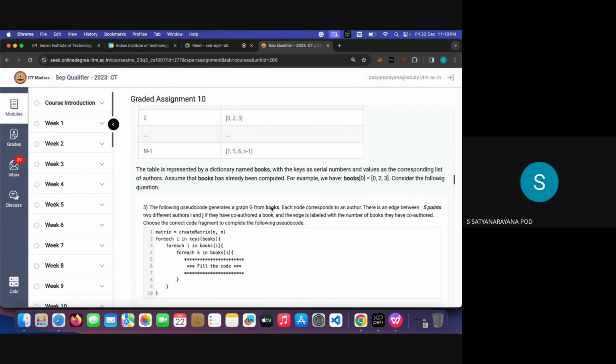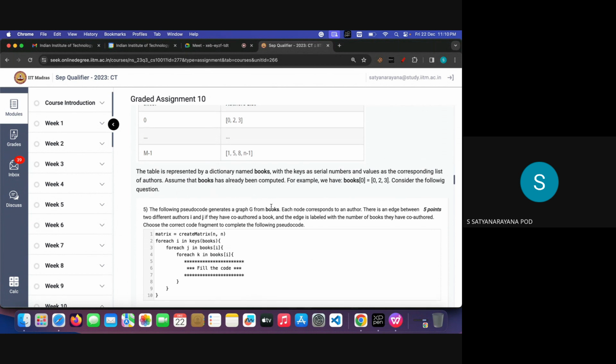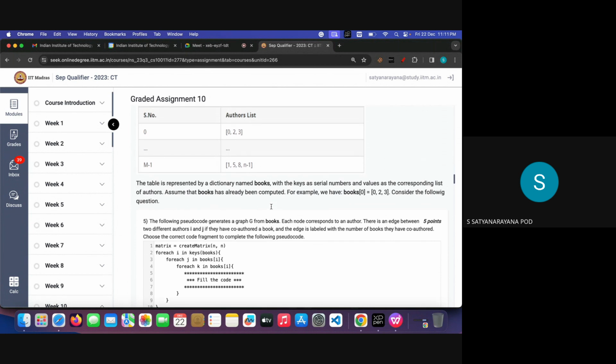Consider the following question. The following pseudocode generates a graph G from the books. Each node corresponds to an author. There is an edge between 2 different authors, I and J, if they have co-authored a book. The edge is labeled with the number of books they have co-authored.